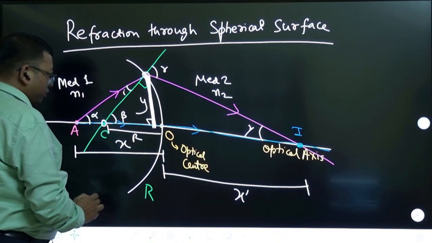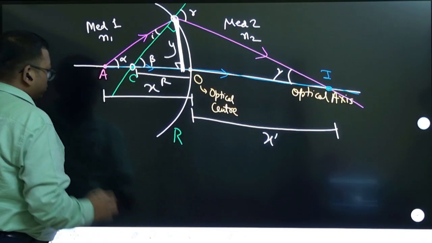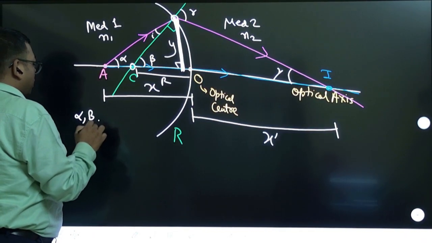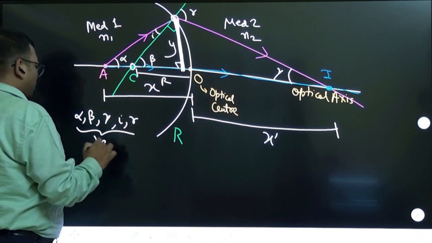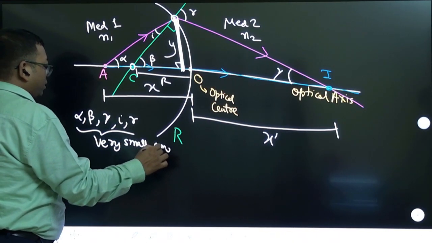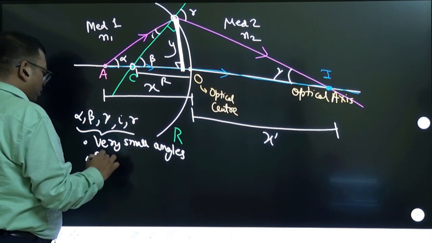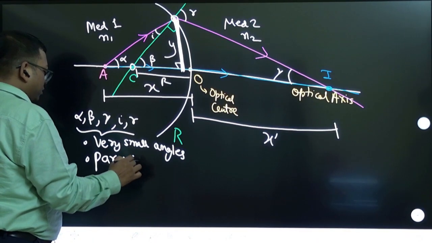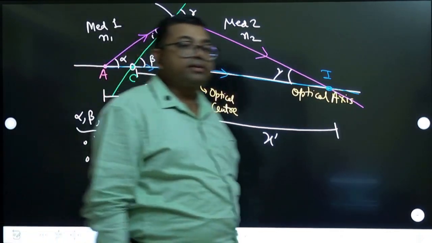The angles are very small: alpha, beta, gamma, i, r, all very small angles. We are taking paraxial rays.